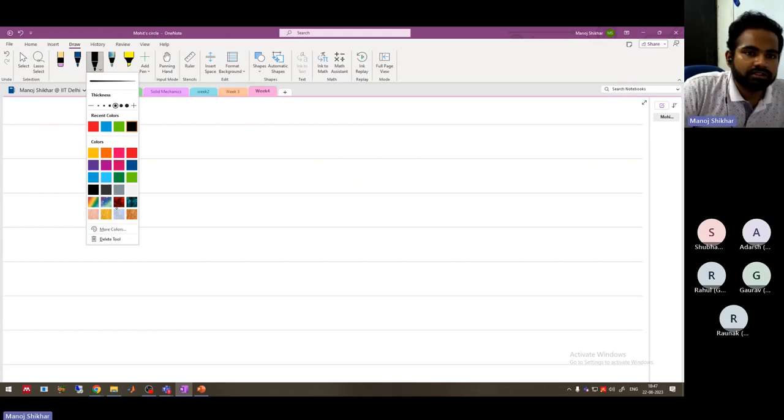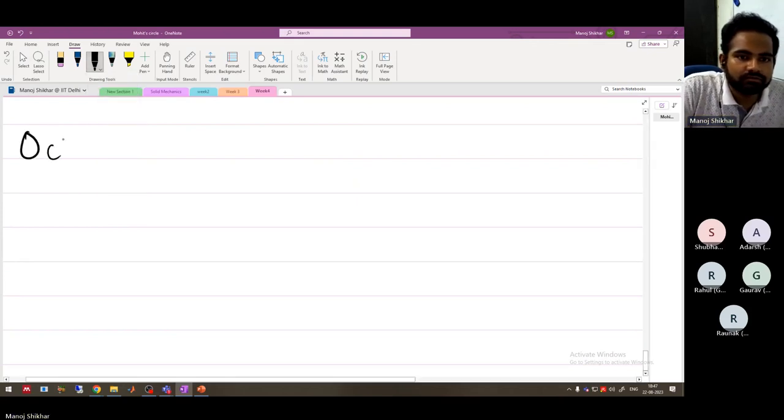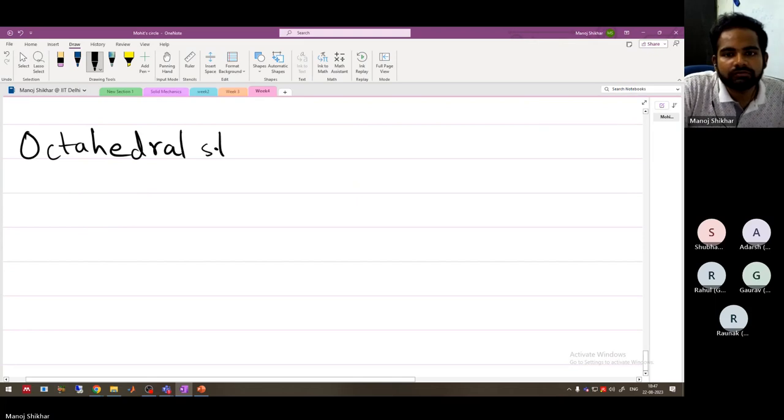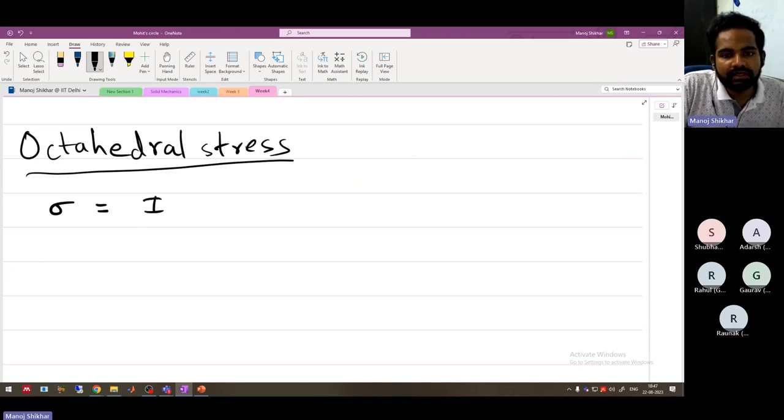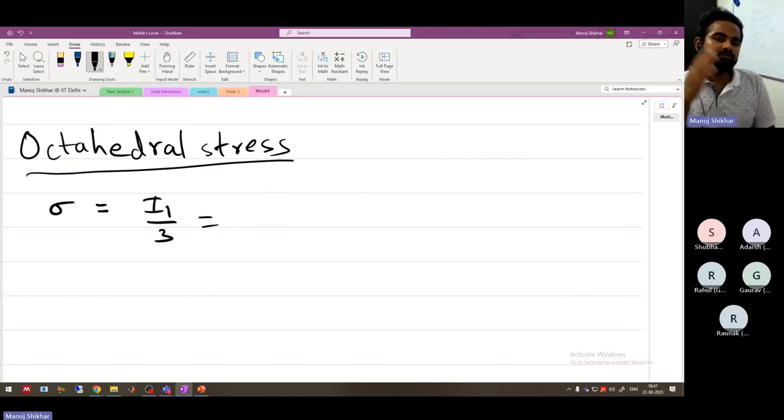Now the concept of octahedral stress. I'll just give you the formulas and move on. To find sigma octahedral, the formula is I1 by 3. Remember these octahedral stress planes are with respect to the principal planes. So the angles are with respect to the principal plane.